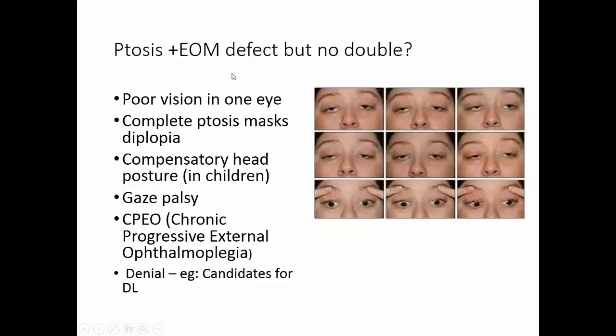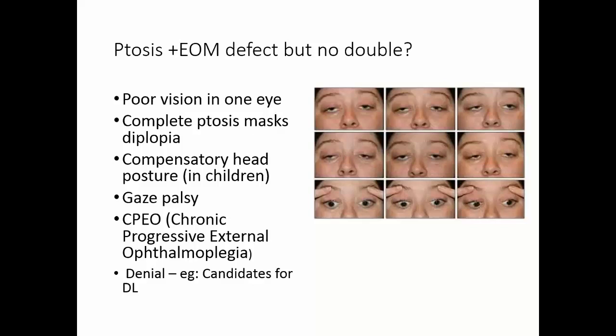Right. Now, sometimes you may encounter patients who have ptosis and extraocular muscle defect, but they say no double vision. You'll be very irritated when you think that they have to have double vision, but they say no double vision. So these are a few conditions you have to think of. Always check the vision in both eyes, because in cases like orbital apex syndrome, the optic nerve is damaged, and the patient's vision in that eye may have gone earlier.